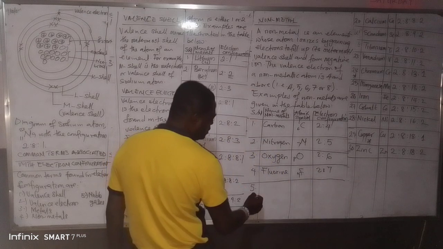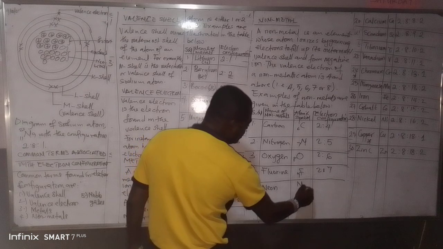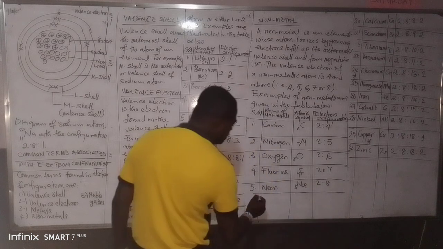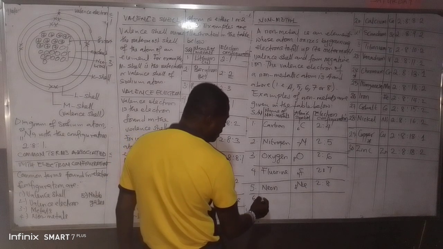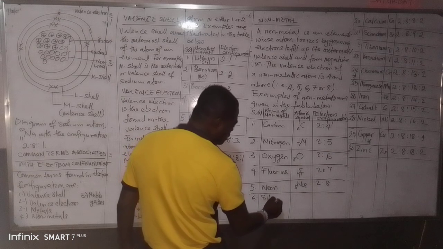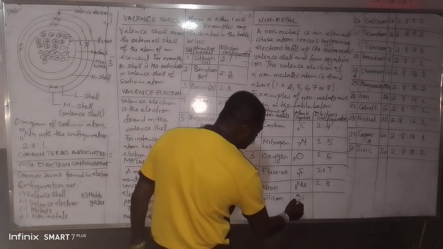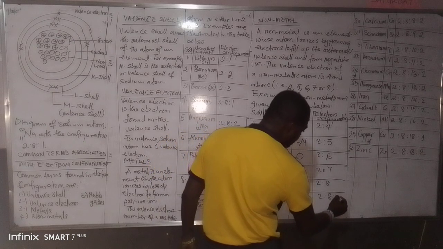The next one is neon, Ne10, that's 2 to 8. Next is silicon, Si14, that is 2 to 8 to 4.